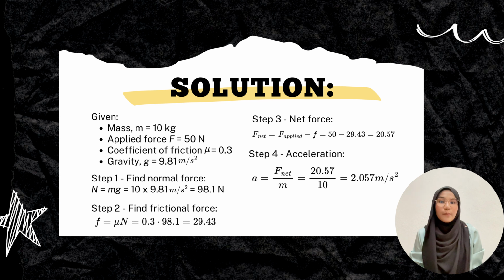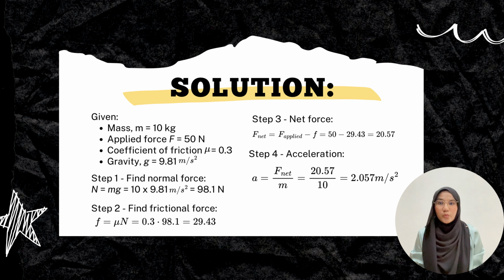Now, for step 1, we calculate the normal force. Since the box is on a flat horizontal surface and there is no vertical movement, the normal force is equal to the weight of the box. So, we multiply mass by gravity. 10 times 9.81 gives us 98.1 newtons.